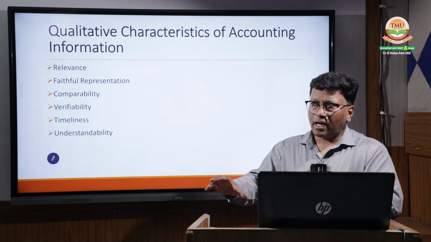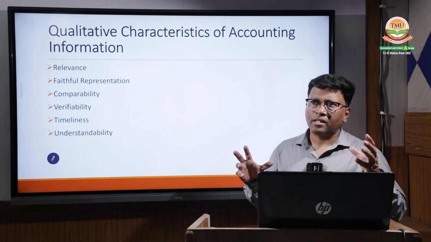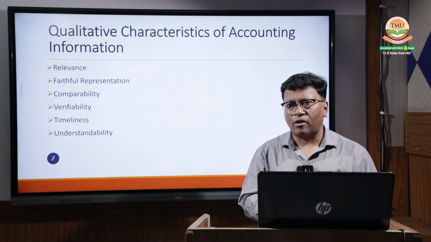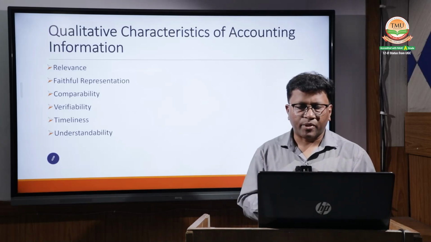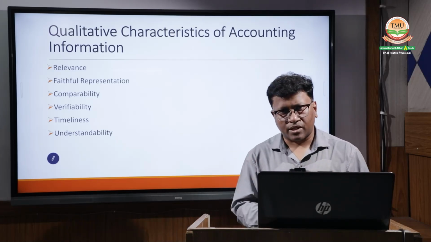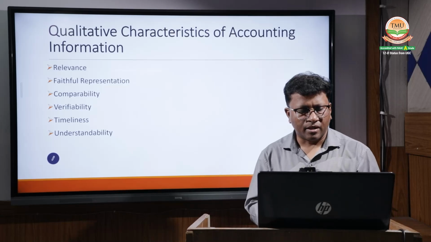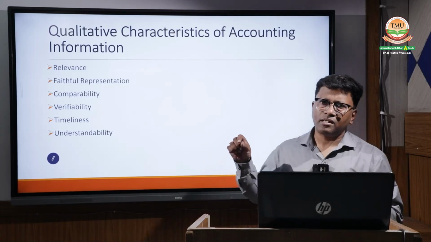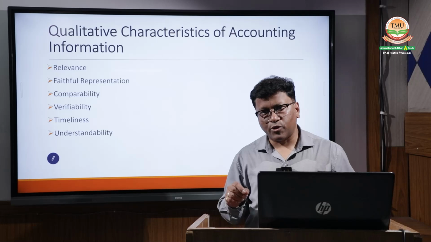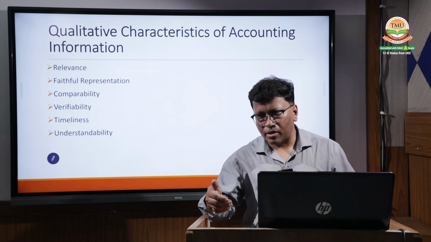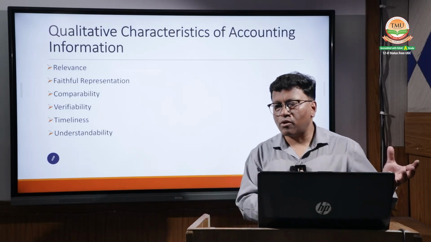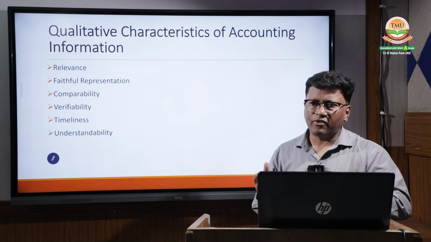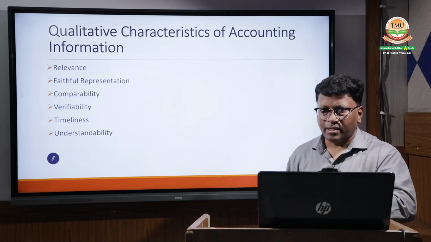So if the accounting information is of such kind that it makes it convenient for the users of accounting to have the picture of the business or financial position of a business, then there is understandability, right? So if there is any information that you cannot use, or you are using but you cannot make use of that information in order to understand the picture or the scenario of the business, at that time we can say there is no understandability, right?